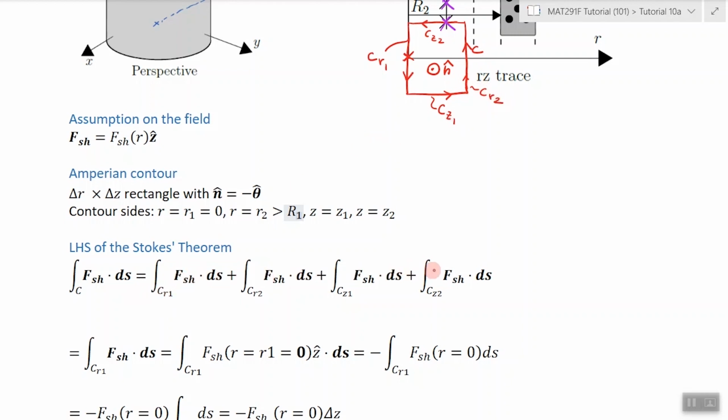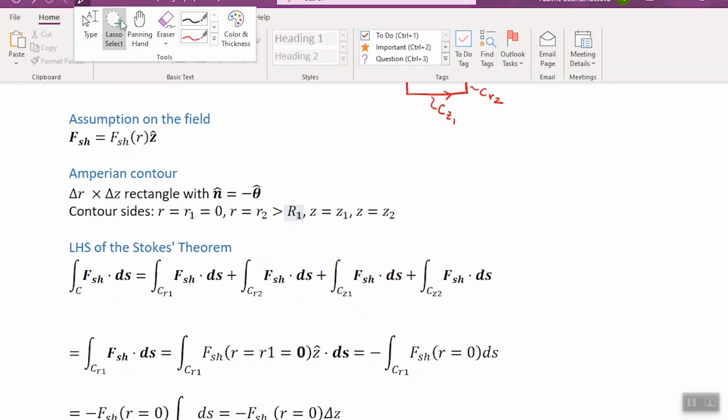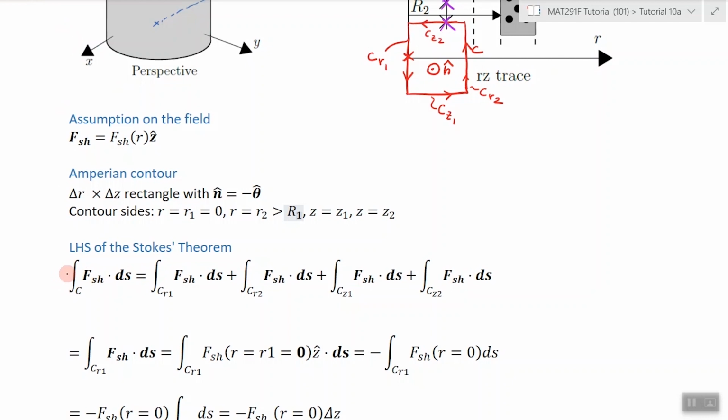So I broke the integral into these 4 parts. In the corrected notes, you have this closed contour sign here.